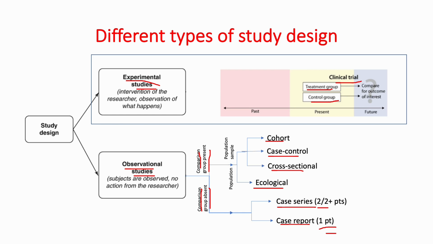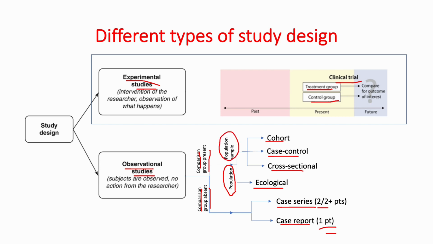For the ecological studies, the difference from the cohort, case control and cross-sectional studies is based on the type of patients that are analyzed. In ecological studies, it's actually the entire population of a nation that is analyzed, whereas in cohort studies, case control studies, or cross-sectional studies, it's generally a population sample.